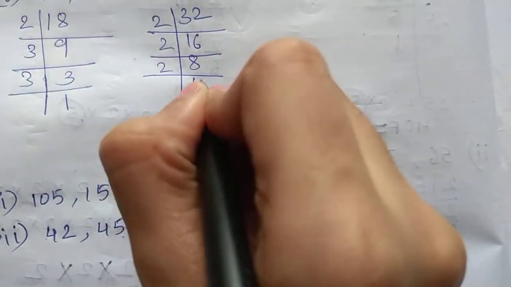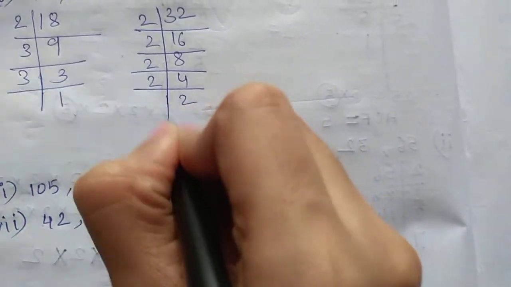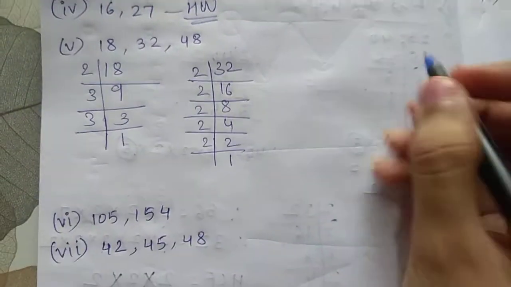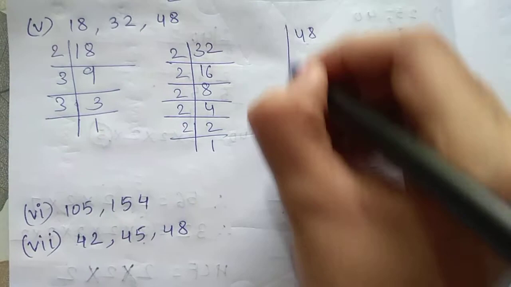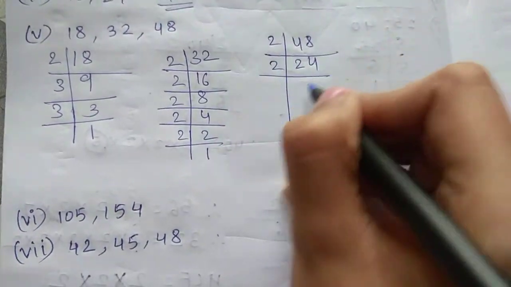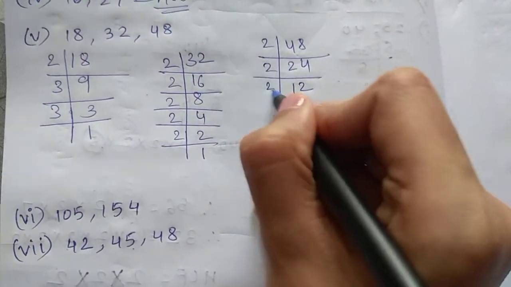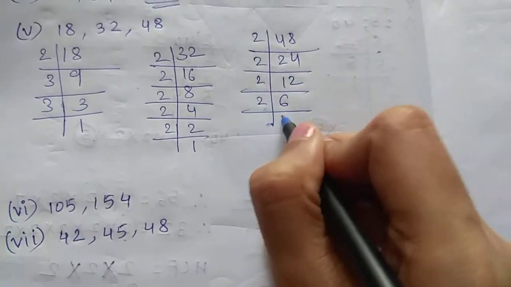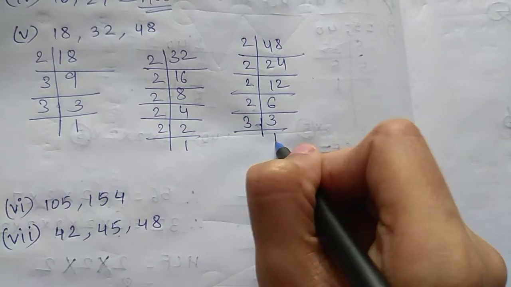Then 32, again we have done this factorization of 32 in the previous sum. 2 16s are 32, 2 8s are 16, 2 4s are 8, 2 2s are 4, and 2 1s are 2. Lastly 48: 2 24s are 48, 2 12s are 24, 2 6s are 12, 2 3s are 6, 3 1s are 3.